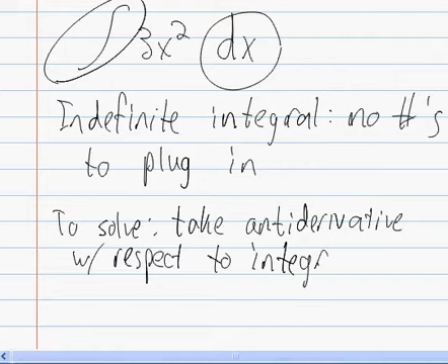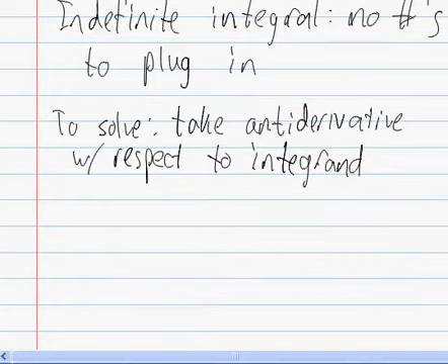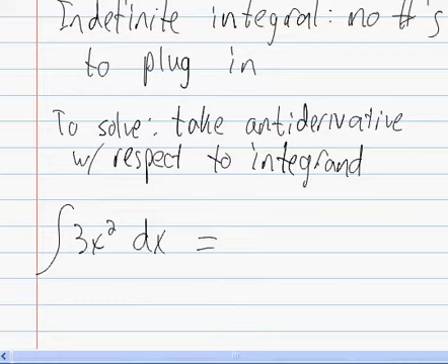If not, yell at me in class, because I really would like to fix it. So for this one, the integral of 3x squared dx is going to be x cubed over 3 times 3.